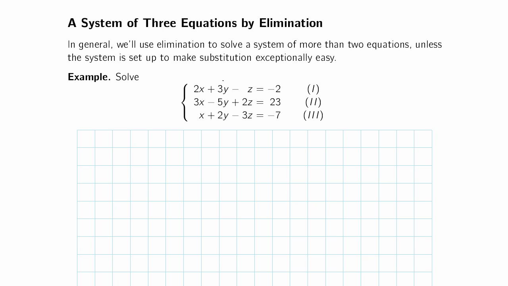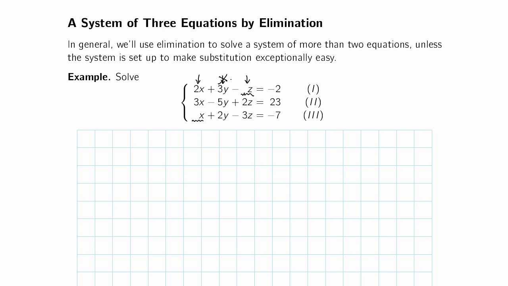In order to get started, I'm going to look at each of my variables and ask, which one will be easiest to eliminate? Well, I'm going to rule out y, because y has all different coefficients here. Here I see there's an x term with coefficient 1, and there's also a z term with coefficient -1, which is close.